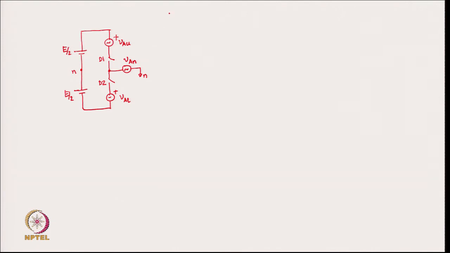So, when D1 is on, what will be the equation? If I write the KVL here, then VAN plus VAU minus E by 2 is equal to 0, and during this time D2 is off. So, this switch is off.